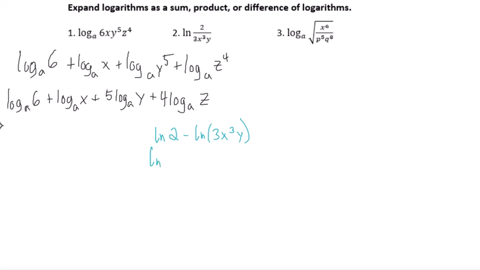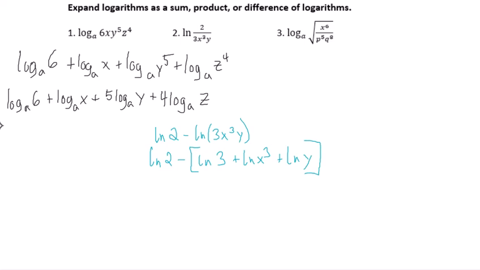So ln of 2 minus, I'm going to put a bracket here, so we can do ln of 3 plus ln of x to the 3rd plus ln of y.